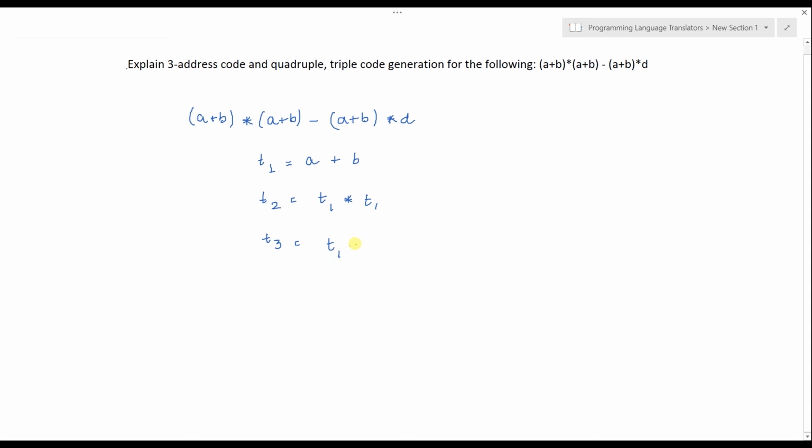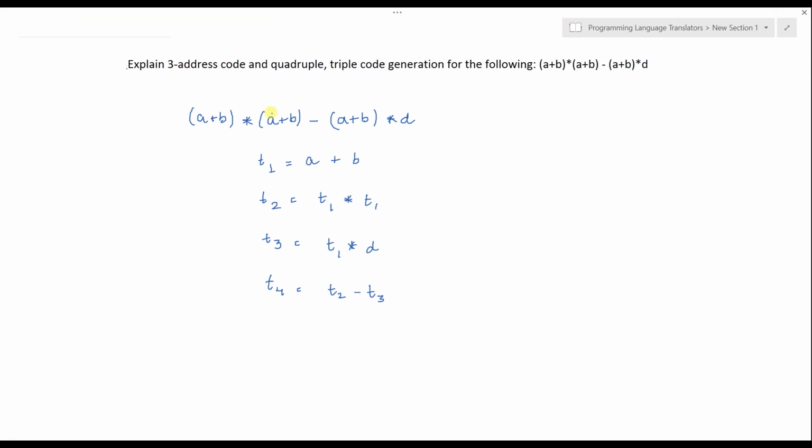Now t3 generates (a plus b) star d, which would be t1 star d. And now to generate the whole expression, t4 equal to t2 minus t3.